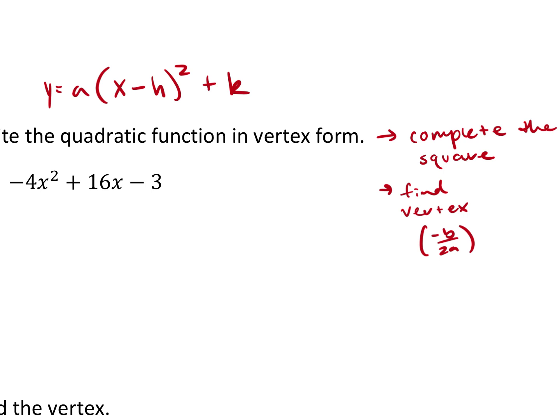So negative b over 2a helps us find the x, or the h, the x coordinate of our vertex, and then we plug it in to find the y, or k, as it is in our equation.